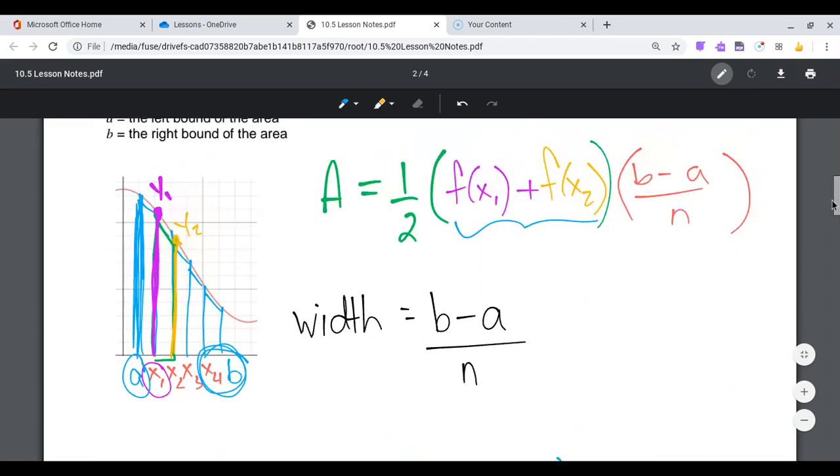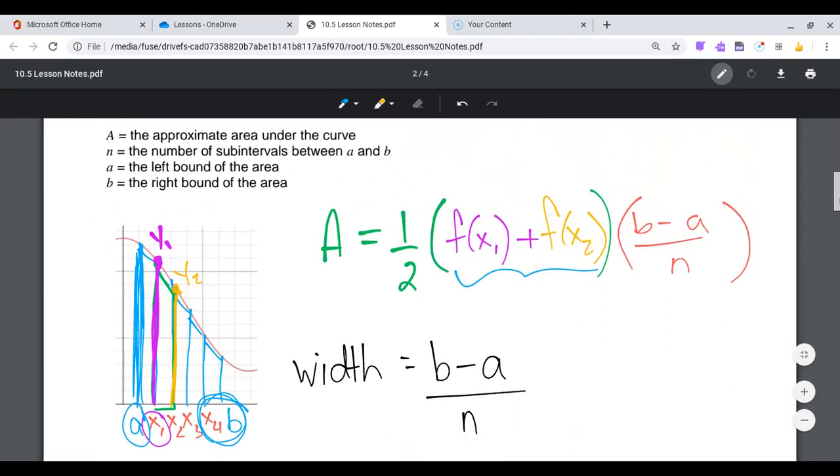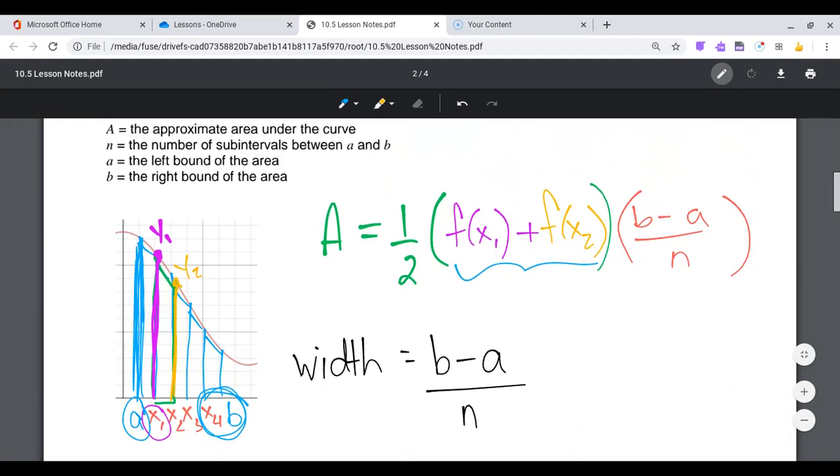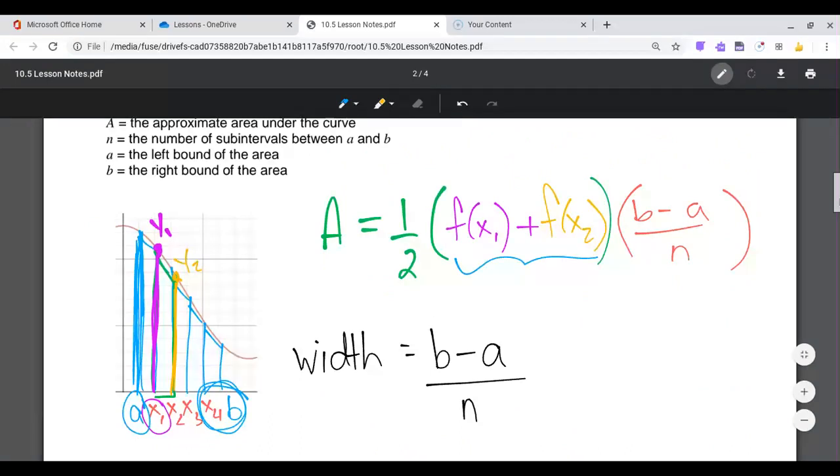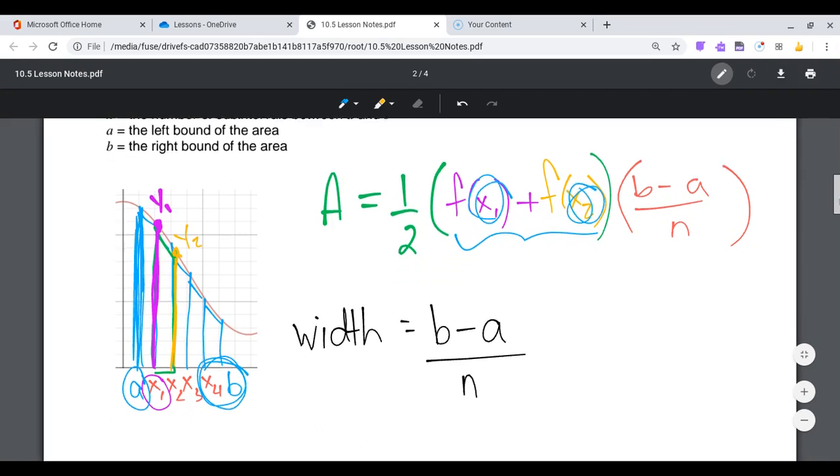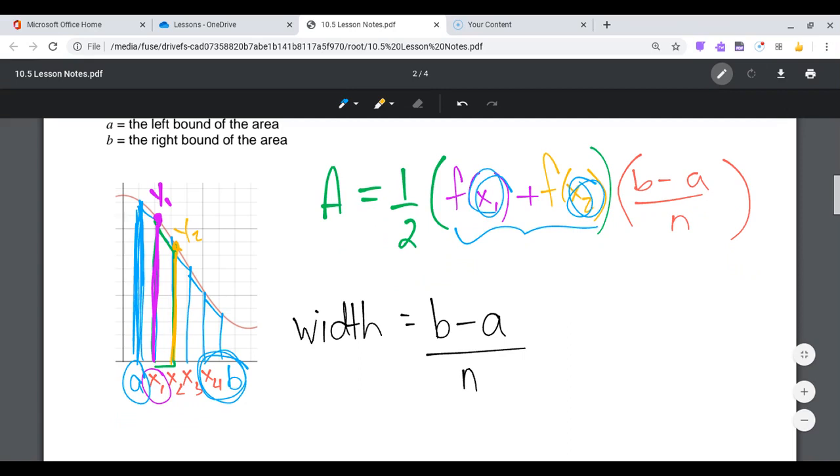Okay, so we have all of these subintervals that we need. The x1, x2, x3, x4, those are going to be important when we get to the actual example, when we have to calculate these values that are going into our function. That's where those come in and are really important. We will need to know those numbers.